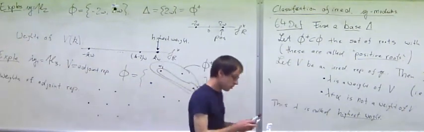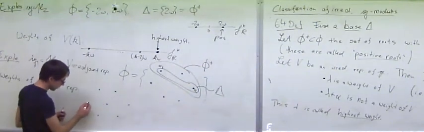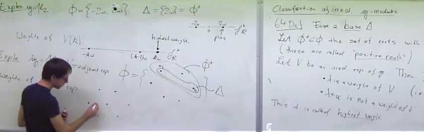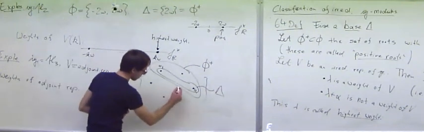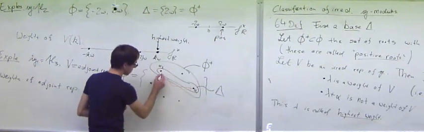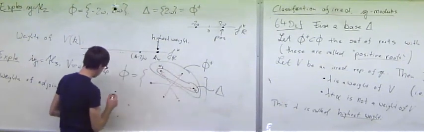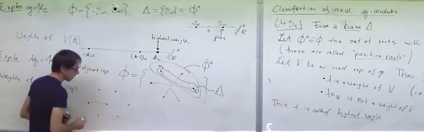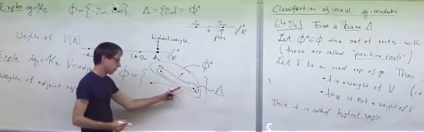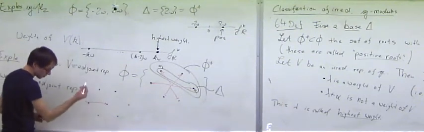So what's the highest weight vector? Well, this cannot be it because, or maybe I draw the vectors really as vectors here, not as dots. From this point I can add this positive root and still get a weight, so this is not the highest weight, and so on.